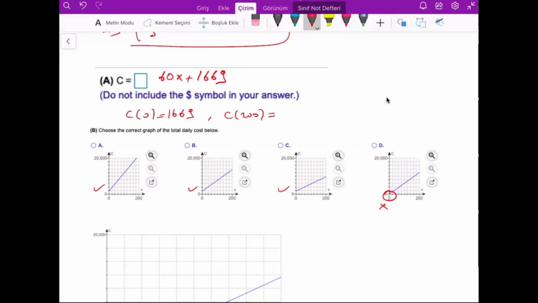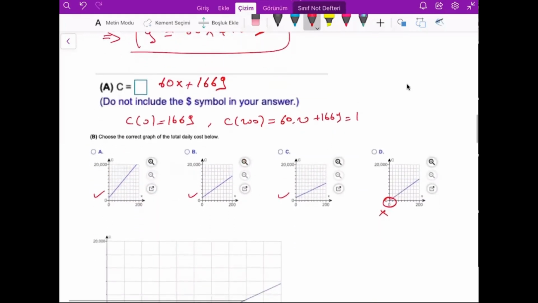60 times 200, this is 12,000 plus this value. So 12,000, sorry. Okay, let's write. 12,000 is correct.